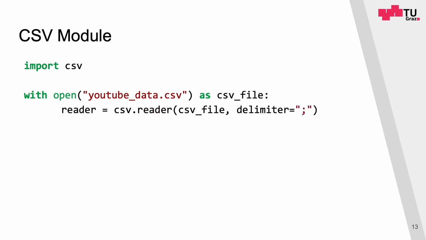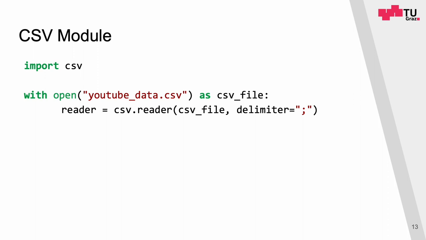Then inside the with block, we instantiate the reader object from our CSV module. The reader object in this case takes two parameters. The first parameter is the CSV file object, so this is the file handle to the file object which we just opened. The second parameter is the delimiter.